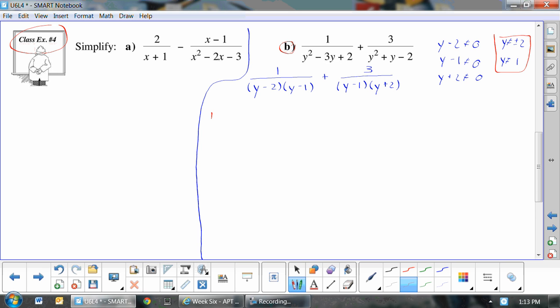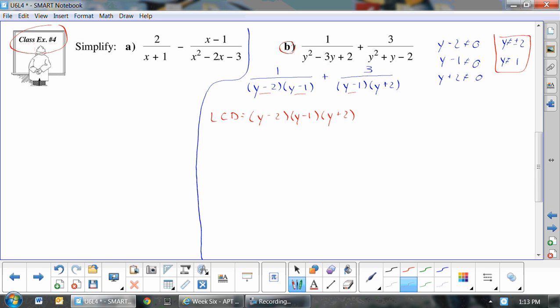Yeah, exactly. Okay, so we have y minus 2, and we know we need a y minus 1. And we say, oh, well, we already have a y minus 1, and we have a y plus 2.